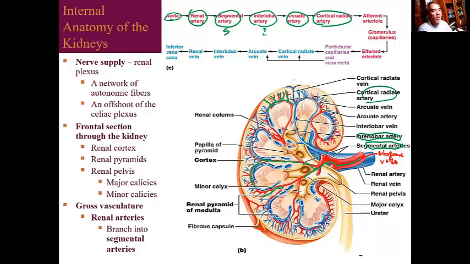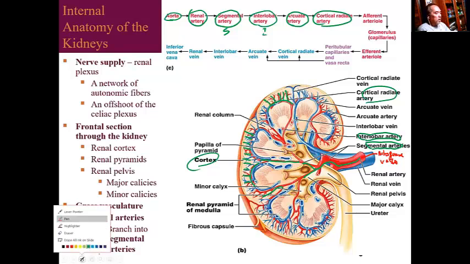Okay. The reason why it's called cortical radiate is because the area that you see here outside of the kidney, that is called the renal cortex. So if I put a line, so I'm going to change my color, purple.